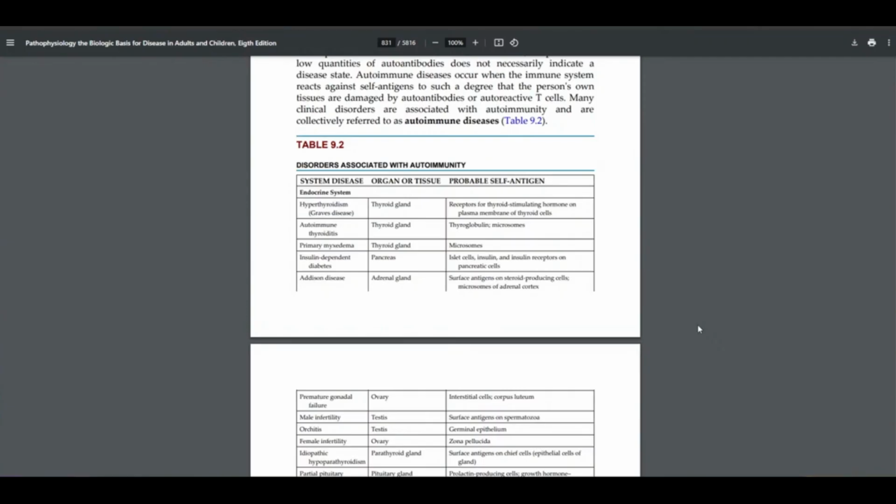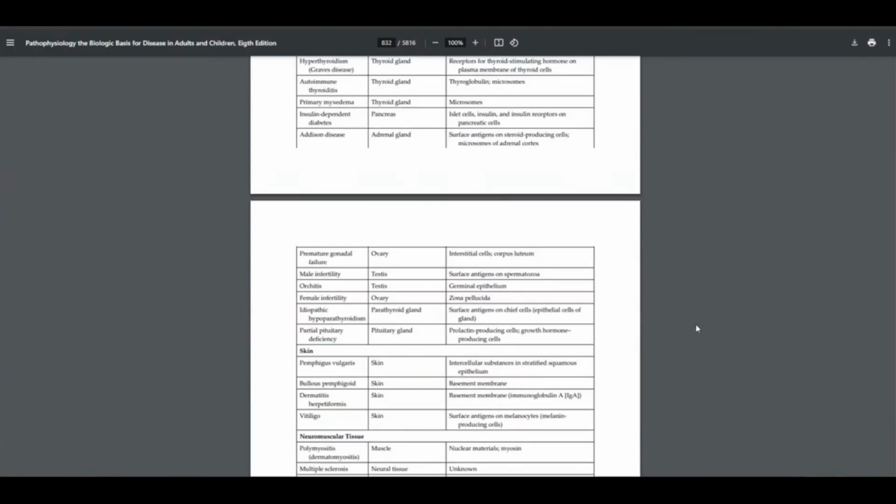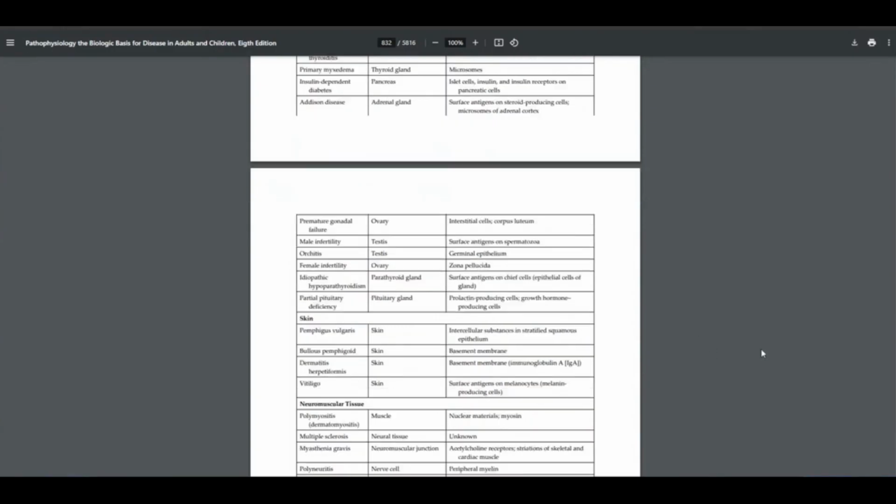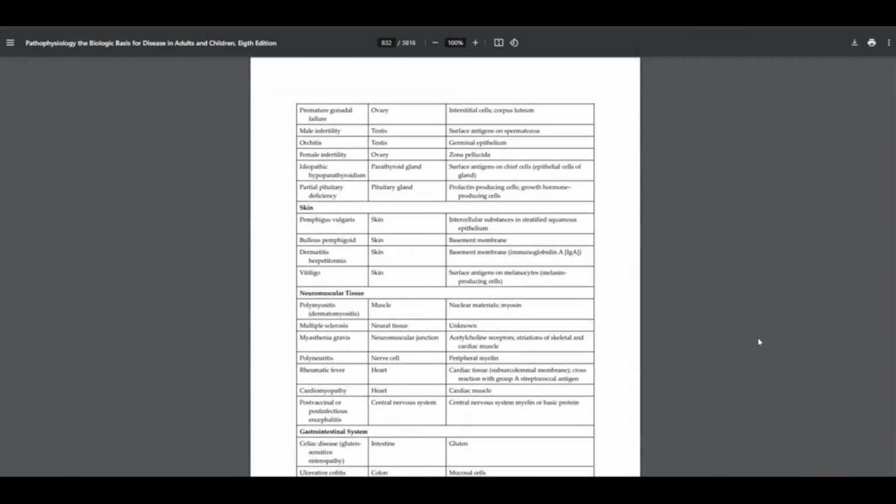The pancreas could cause insulin-dependent diabetes, which is an islet cell, insulin and insulin receptors on the pancreatic cells. The adrenal gland could be affected via Addison's disease, where the surface antigens on steroid-producing cells and microsomes of the adrenal cortex are affected. Your ovary has two such options: premature gonadal failure or female infertility via the interstitial cells or corpus luteum and zona pellucida.